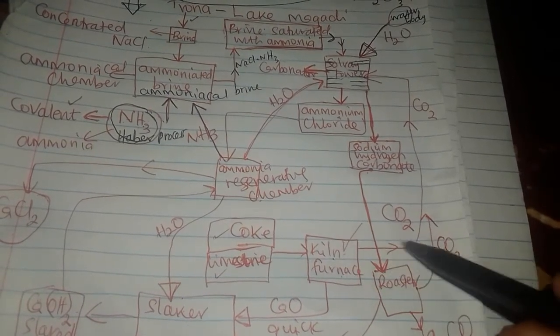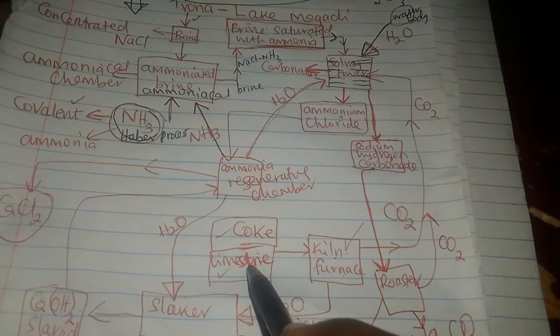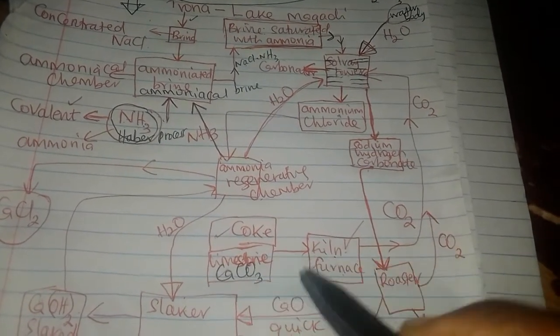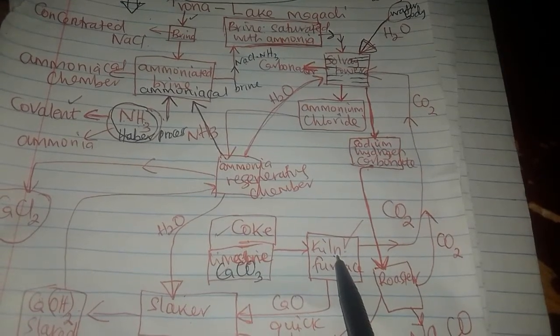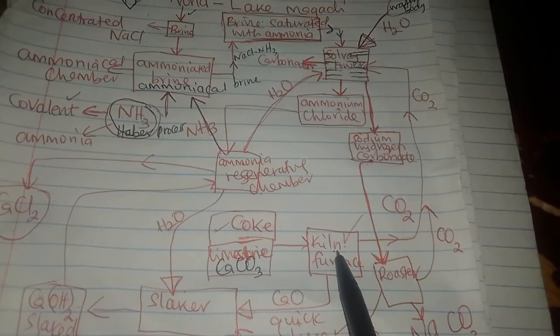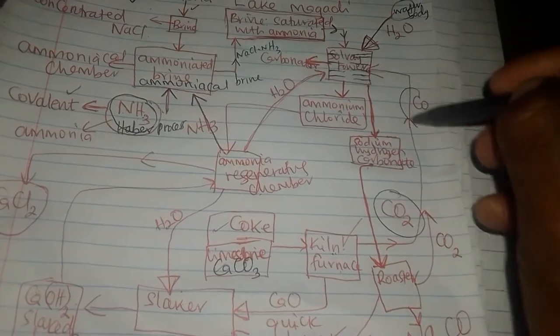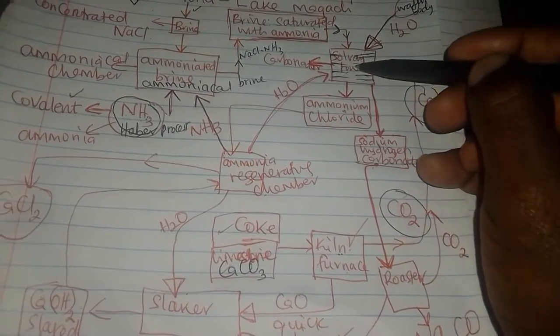Limestone gets introduced into the kiln. It undergoes thermal decomposition to form carbon dioxide as one of the products. The carbon dioxide gets introduced into the Solvay tower.